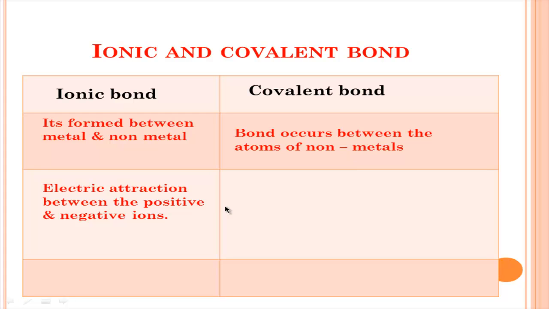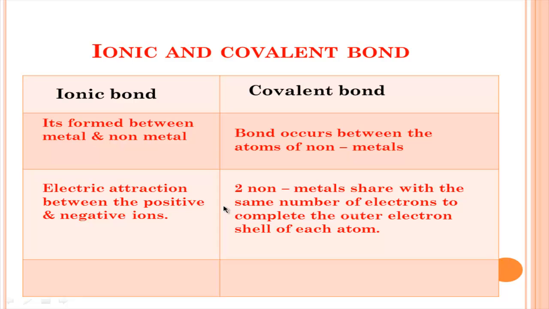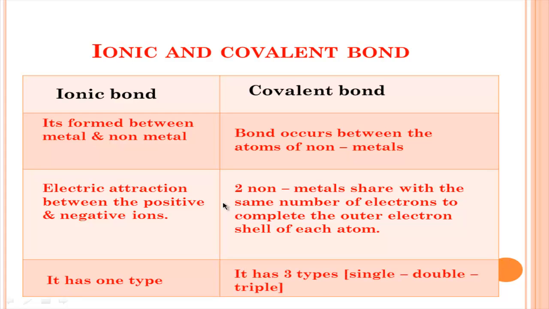Ionic bond arises due to the electric attraction between the positive ion and the negative ion, while covalent bond is formed as a result of non-metals sharing the same number of electrons to complete their outermost energy level. Ionic bond has only 1 type, while covalent bond has 3 types: single, double, and triple.